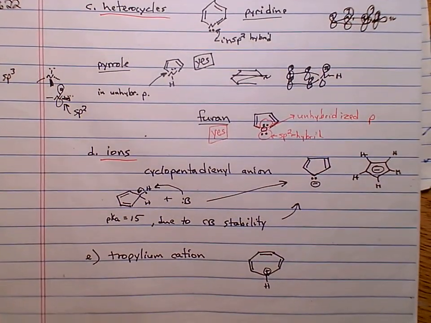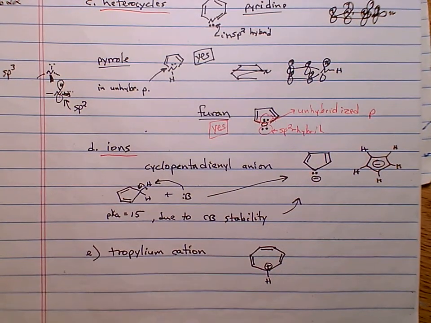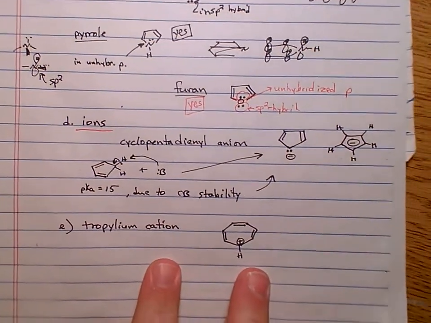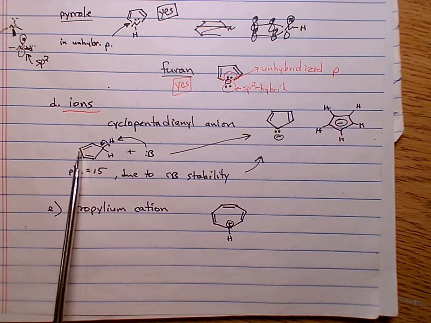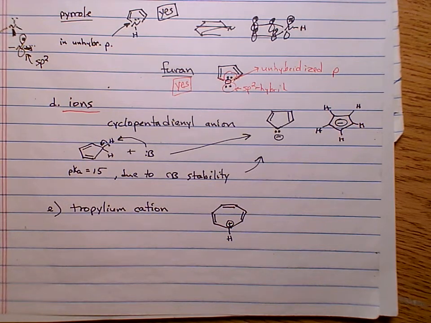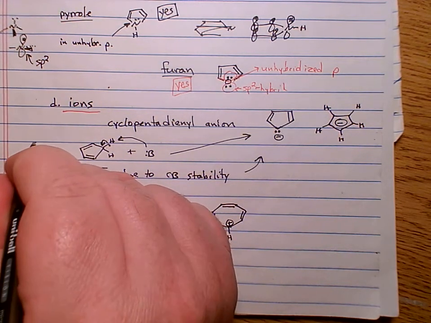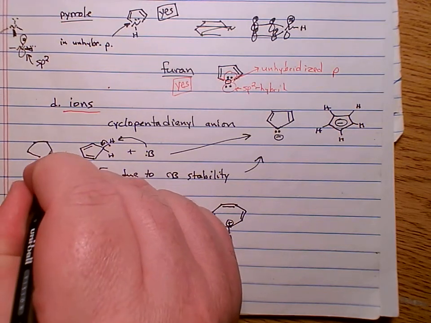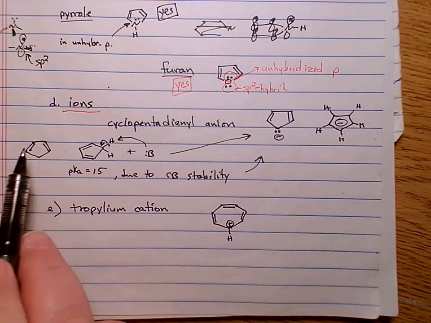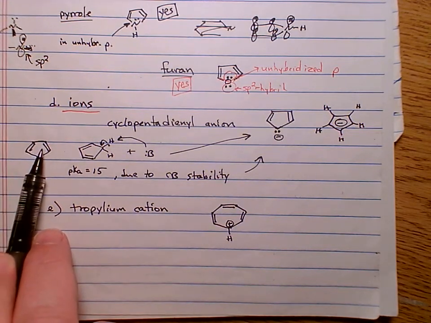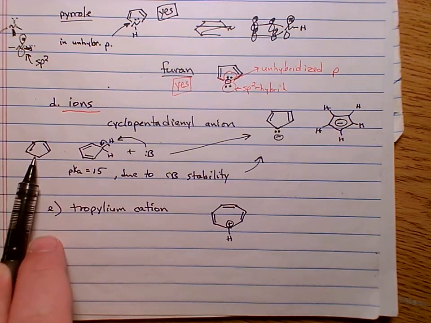And there are some ions here. There are 2 famous examples of aromatic ions. One is a cyclopentadienyl anion. If you have this 5-membered ring, cyclopentadiene, let me just draw it out here for you, with 2 hydrogens right here, this is double bond, single bond, double bond, single bond, single bond.